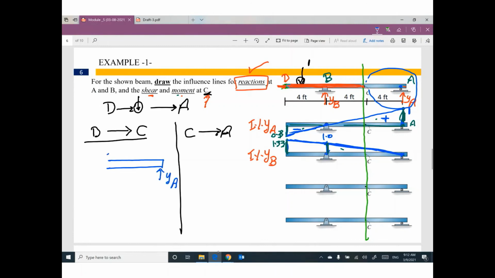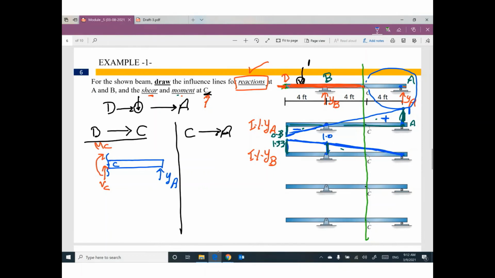We have cut at C. So we have horizontal load. We have shear. And we have moment. Moment at C, shear at C, and the X at C. Actually, for influence line, we don't care about any horizontal force, so I will cancel it.